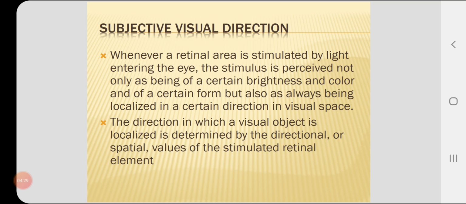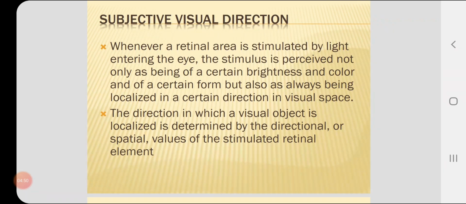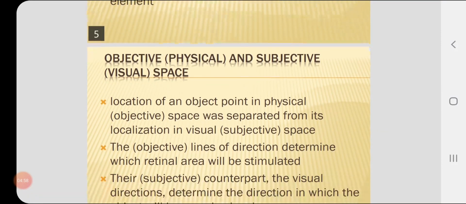That means it depends from person to person. Suppose I am sitting in the middle of the classroom, I will perceive the students from my place in some way. If I move a little bit, I will perceive them in a different way. The visual space differs from person to person. The direction in which a visual object is localized is determined by the directional or spatial values of the stimulated retinal element.